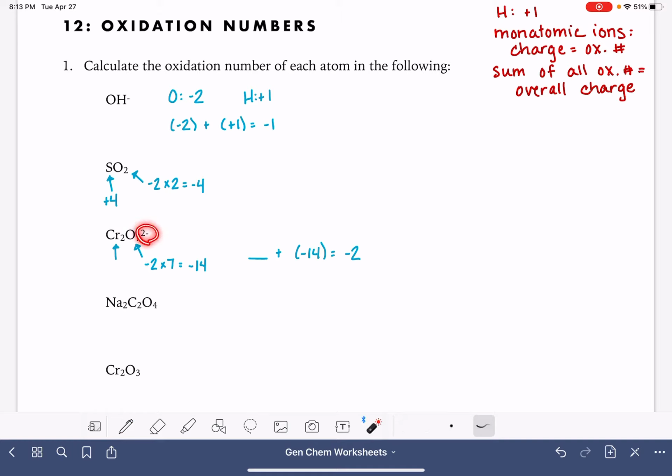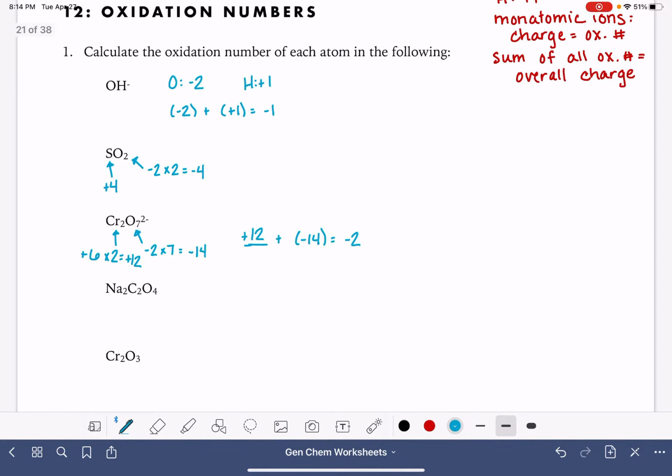That's the charge on the compound overall. So with this clever math logic, we can determine that the chromiums all together need to have an oxidation number of +12. +12 -14 is going to add up to a -2. There are 2 chromiums, and they need to add up to +12. That means each chromium is going to be a +6.